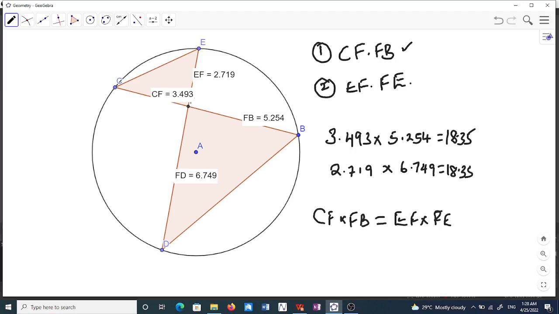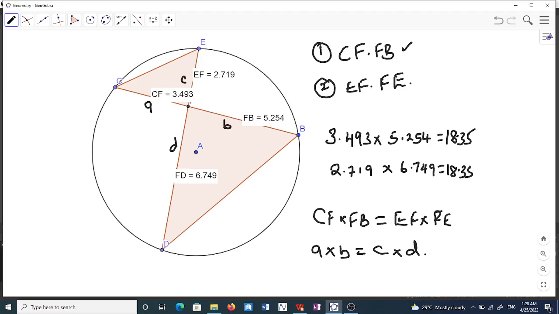CF times FB is equal to EF times FD. So that is the relationship. In other words, if I label this part as A, this one as B, the length of that line, and then C, and then D, then I can say that A times B is equal to C times D. So internally intersecting chords have this particular relationship.